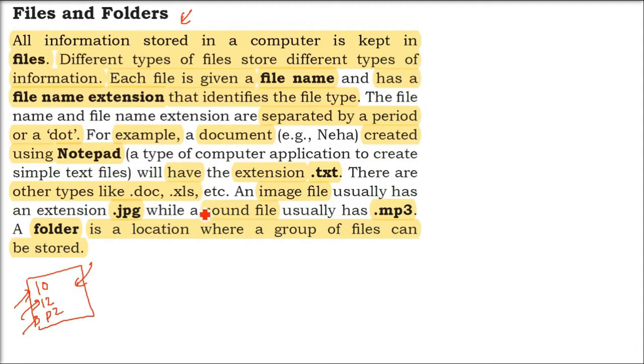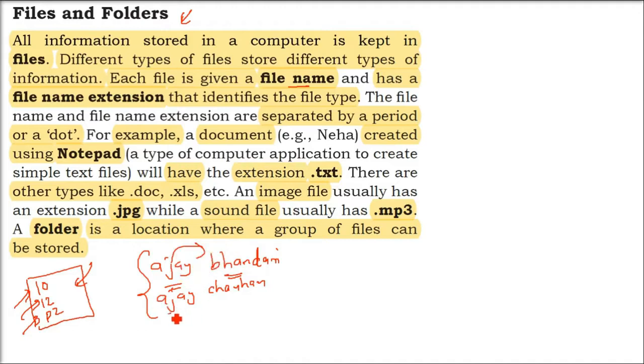Every file in a computer also has a file name and a file extension. The file name can be anything, but the file name extension signifies something, the file type. For example, we have a name Ajay Bhandari. Now in the same class or office, we have Ajay Chauhan also, and you say Ajay, who is going to stand up, who is going to come to you? It will be a confusion.